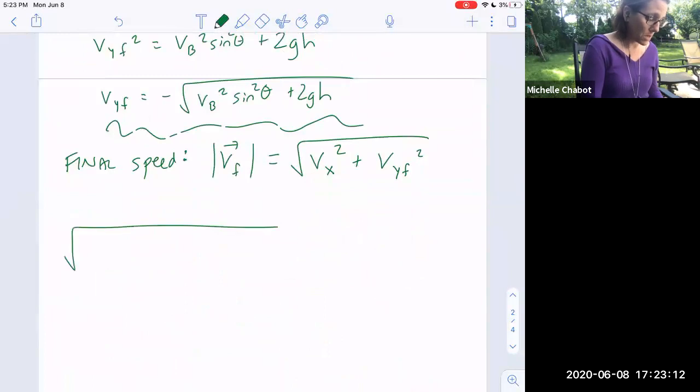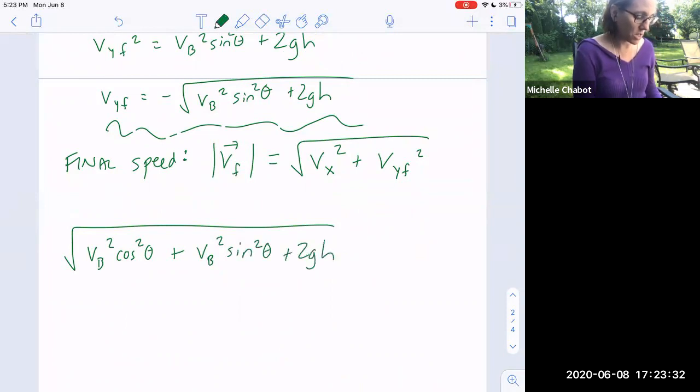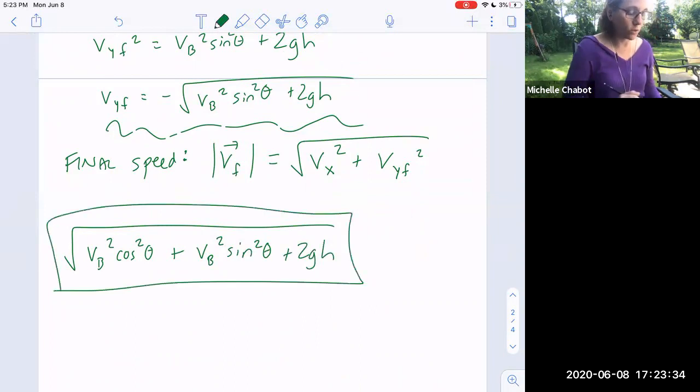So this is going to be equal to Vb squared cosine squared theta plus Vy final squared. So the negative goes away again because it's in this particular portion of it. Vb squared sine squared theta plus 2GH. So this is my final speed.